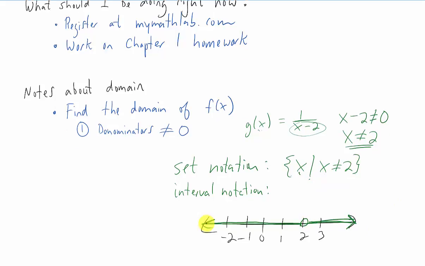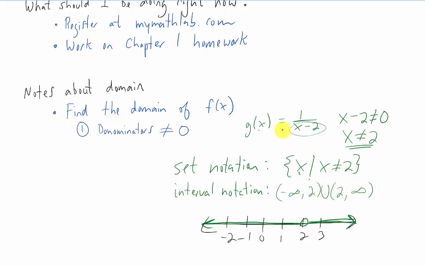So the domain of my function is everything from negative infinity all the way up to 2, and then everything from 2 all the way out to infinity. I'm going to write out those two intervals, negative infinity to 2, and 2 all the way to infinity. Notice I'm not including negative infinity, and I'm not including 2 in my interval. And the way we combine these two intervals is with what we call a union.